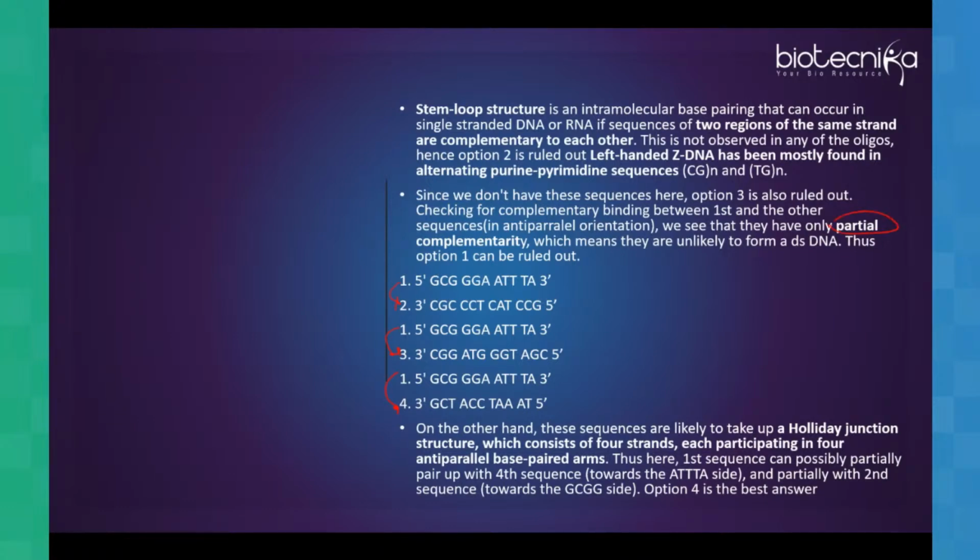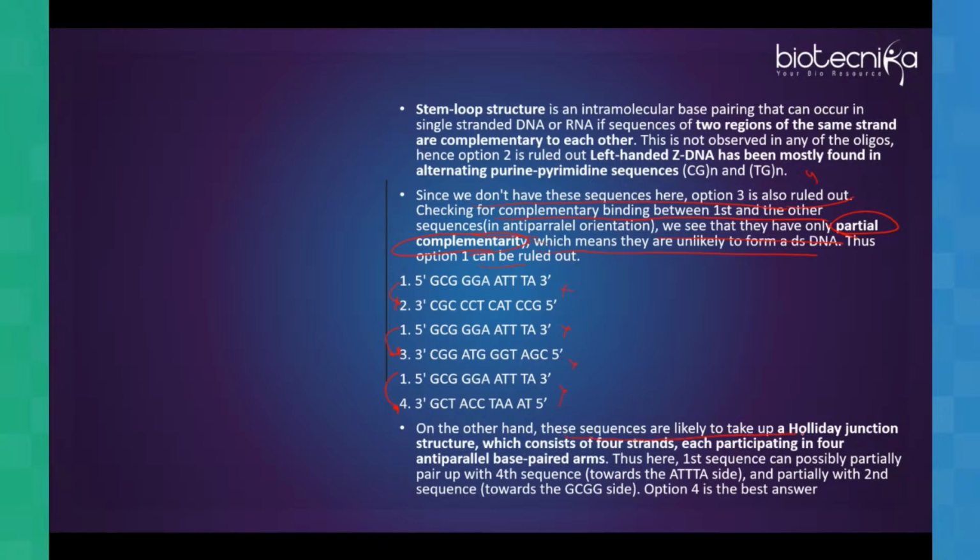Rather, they have only partial complementarity. Since we don't have these sequences here, option 3 is ruled out, that is Z-DNA. Checking for complementary binding between the first and other sequences, we see that they have only partial complementarity, so they are not likely to form a double-stranded DNA. Thus, option 1 can also be ruled out. None of them have complete complementarity, that's why this is also ruled out.